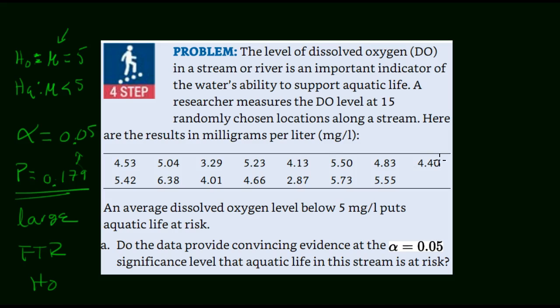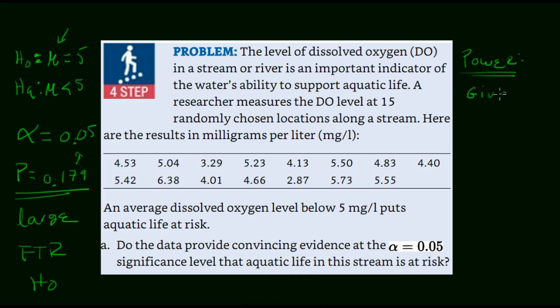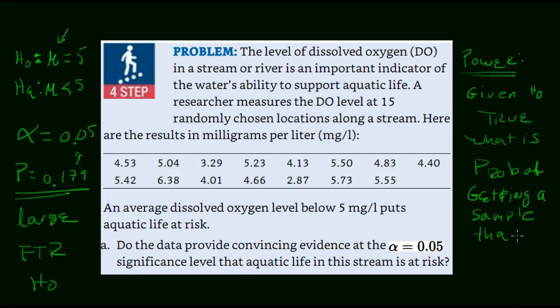There's a little bit of discussion again of power in the notes. Keep in mind we did discuss this at the end of last unit. Power is, given a particular null hypothesis being true, what is the probability of getting a sample that supports the alternate hypothesis?